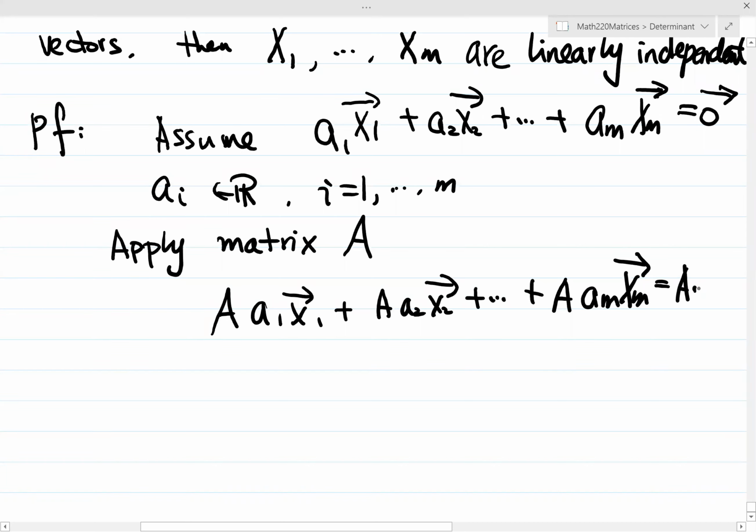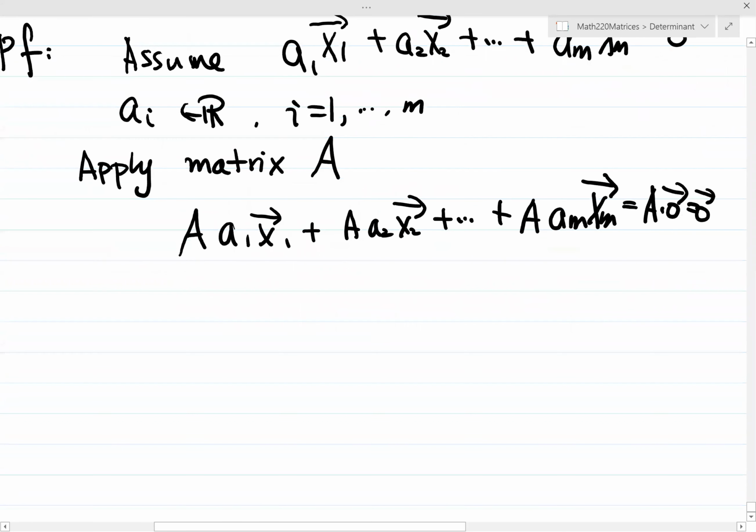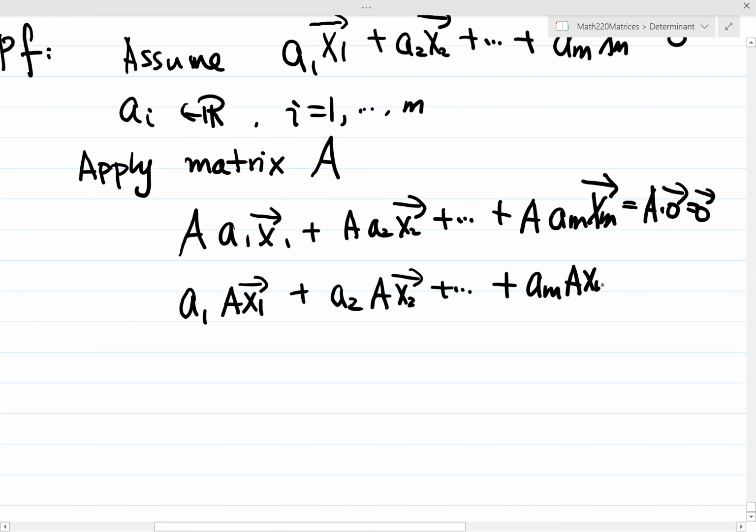A matrix times the zero vector gives the zero vector.